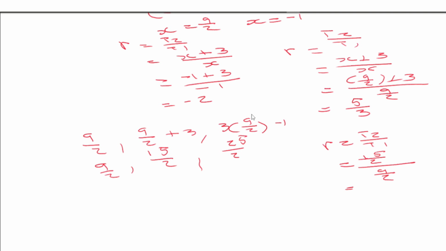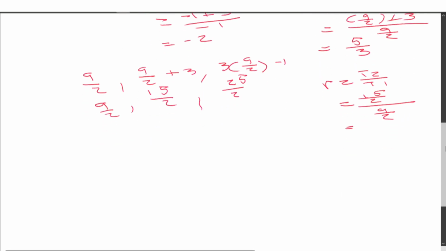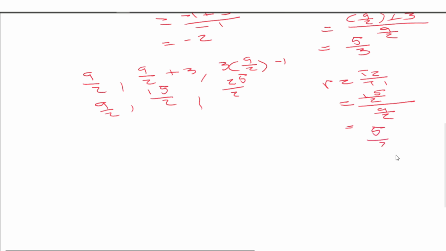15/2 divided by 9/2 equals 5/3. But r also has to be equal to term 3 divided by term 2.